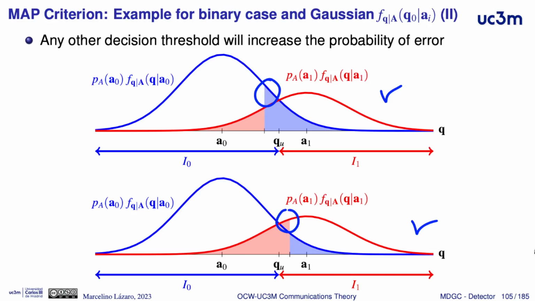So the maximum a posteriori criterion is providing us with the detector having the lowest possible probability of error.